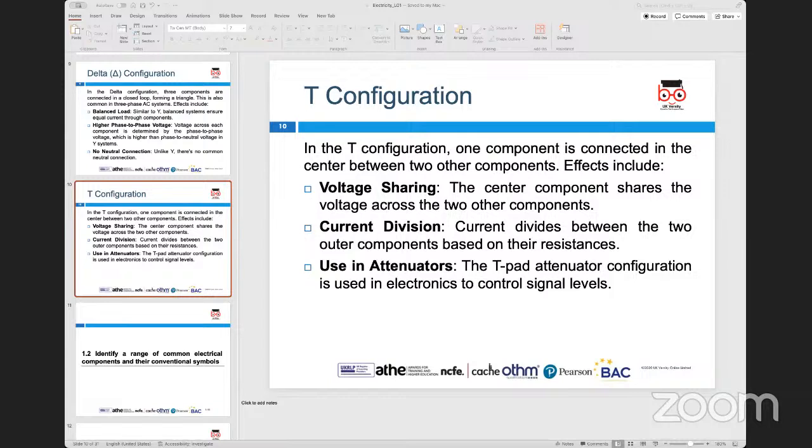Generally speaking, this type of circuitry design is designed in the T shape, and this would essentially be used to produce two-phase electric power.